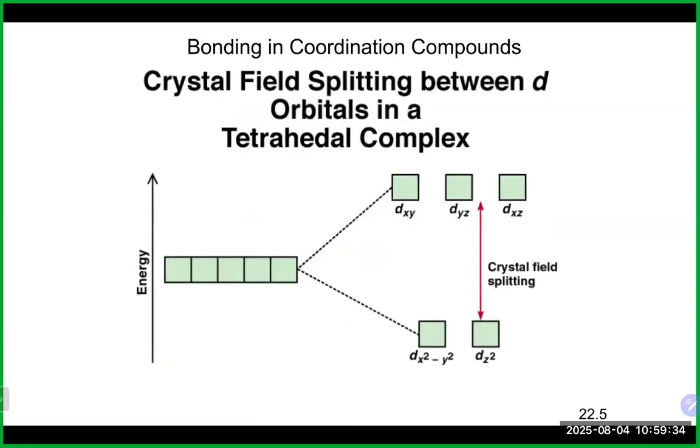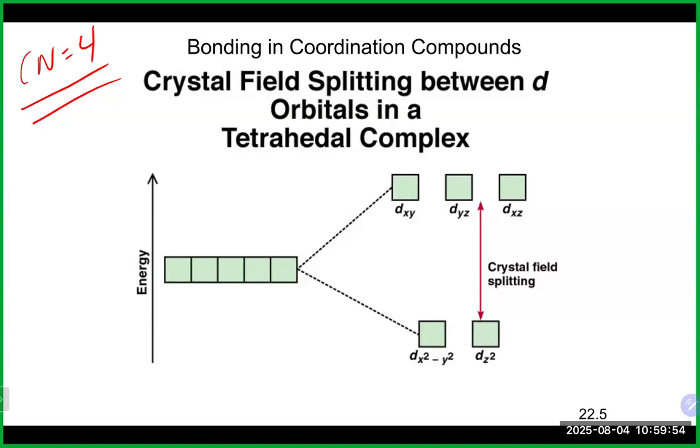Now we can have tetrahedral, which is a coordination number of 4 and a tetrahedral geometry. It is pretty much similar to what we just did with octahedral, except that they're flipped. The two squared orbitals are on the bottom, and the other three are up on top.